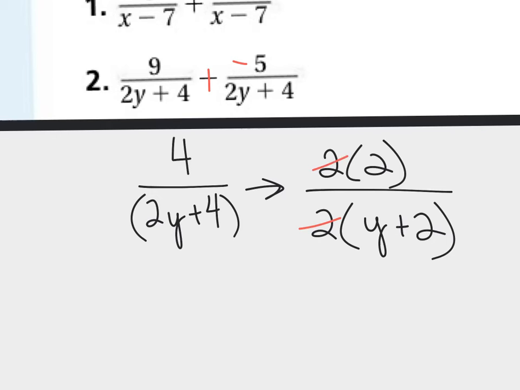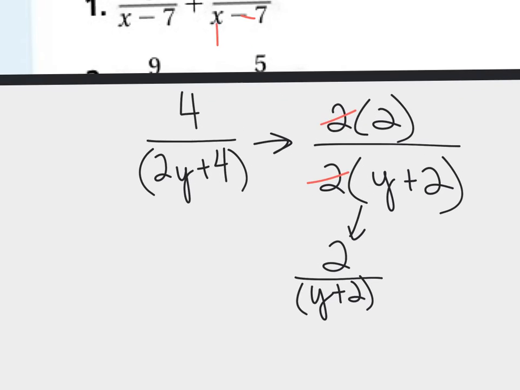And then we can reduce the numerator and denominator both by 2. And again, don't be tempted to try and reduce those 2's there. We have that force field around the denominator, that y plus 2. Those are not factors. So unless you see another y plus 2, you can't cancel anything with that.